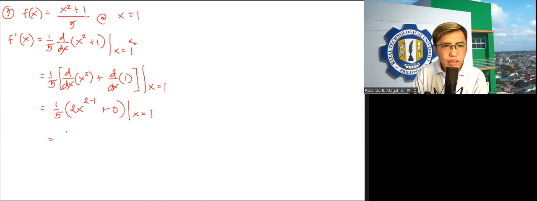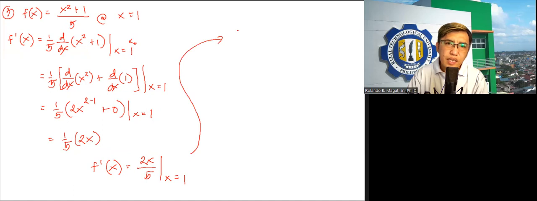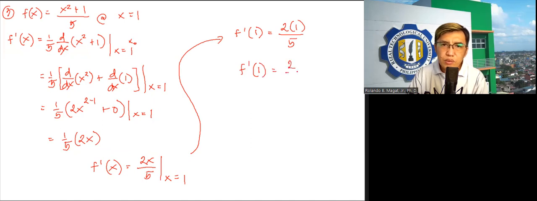To simplify, f prime of x is 2x all over 5, but this is not yet the answer because we need to evaluate it at x equal to 1. So f prime of 1 is 2 times 1 all over 5, which is 2 over 5. And this is the answer.